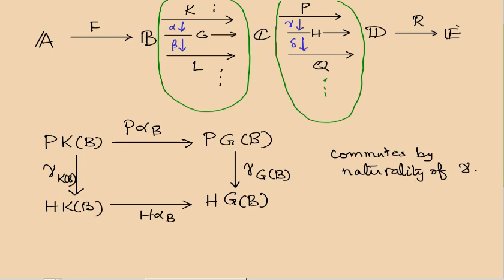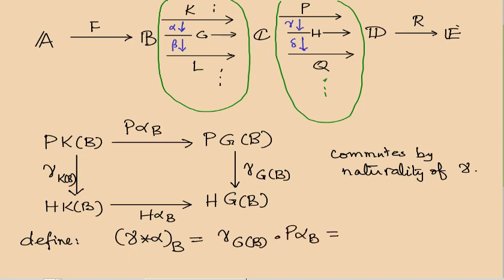Okay. So I define gamma star alpha B to be gamma GB composed P alpha B, which is the same as H alpha B composed gamma KB. That's why I was trying to draw that.